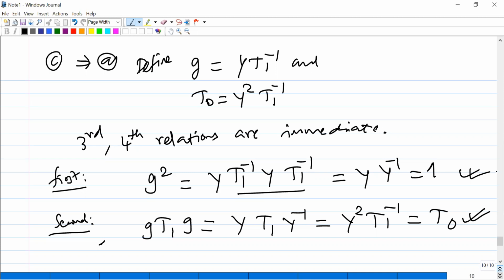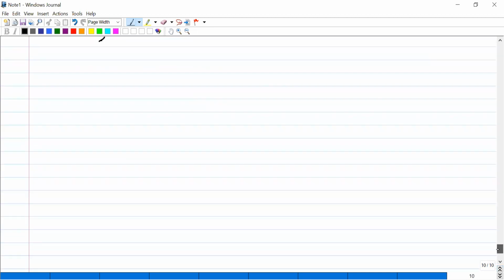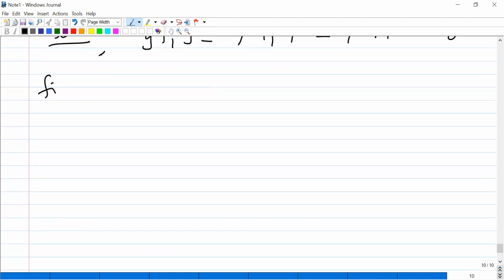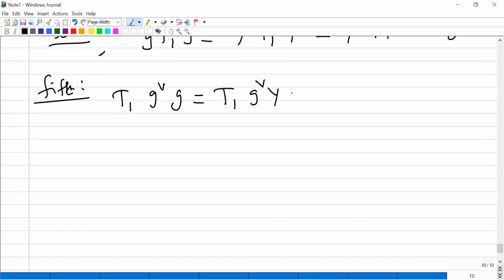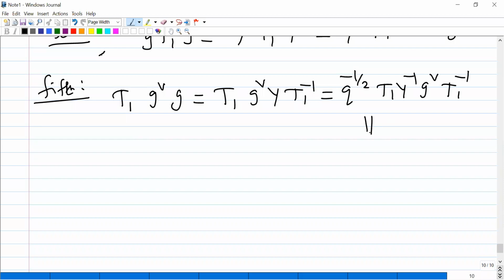The only remaining is the fifth relation. Let me write that down here. The fifth relation: T1 G check G is equal to T1 G check Y T1 inverse, which is equal to Q power minus of T1 Y inverse G check T1 inverse, which is exactly equal to Q power minus of G check T1 inverse.